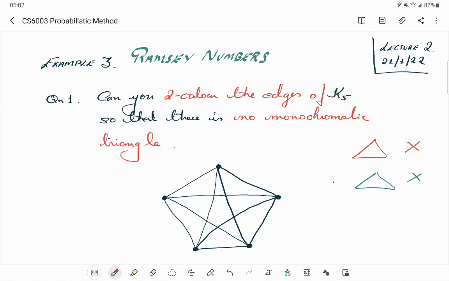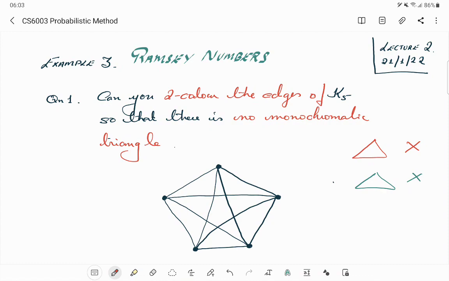This is the question. So this is a good time to pause, stare at this complete graph on 5 vertices on your screen, and try to do a coloring so that there is no monochromatic triangle. If it's difficult to do in your mind, you should probably draw a copy in your notebook and then try to do the coloring.